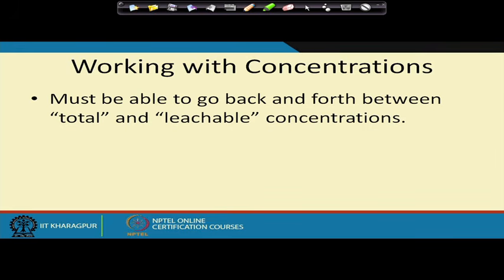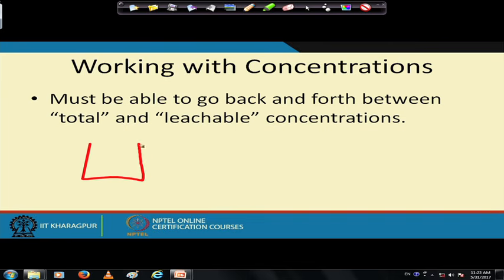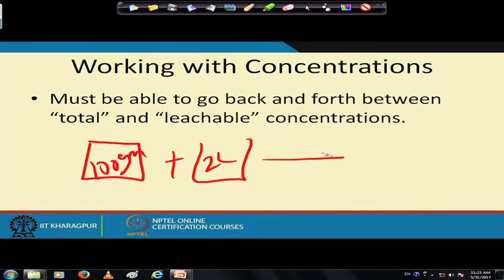And then if you have to go back between total and leachable, many times we are worried about the leachable concentration. If you remember the TCLP test we talked about, we took 100 grams of sample and added 2 liters of the leaching fluid, then let it rotate, and then you get the concentration of whatever x milligrams per liter.